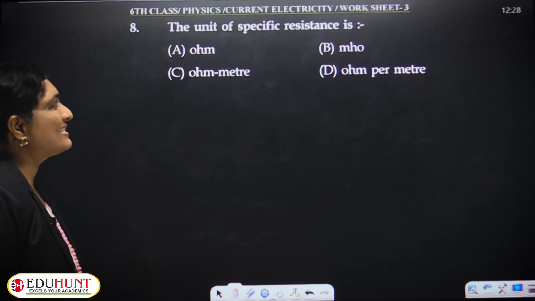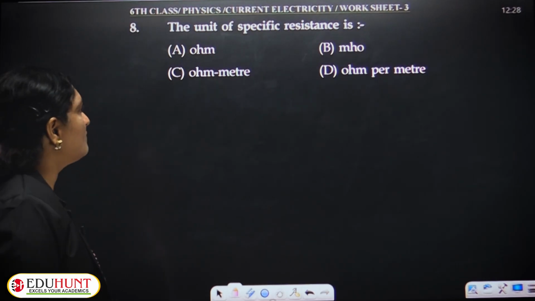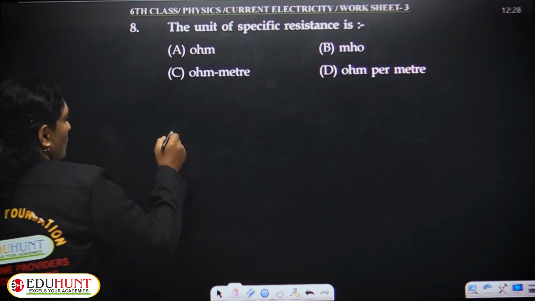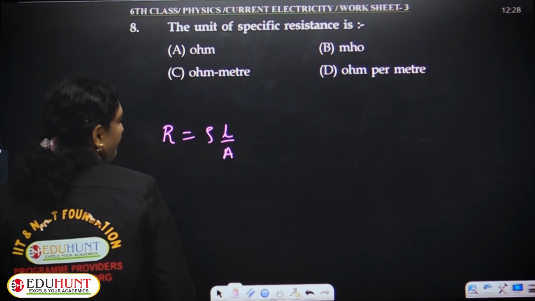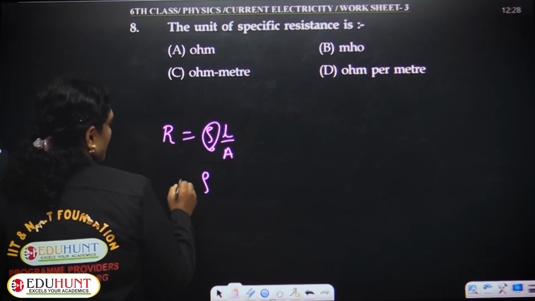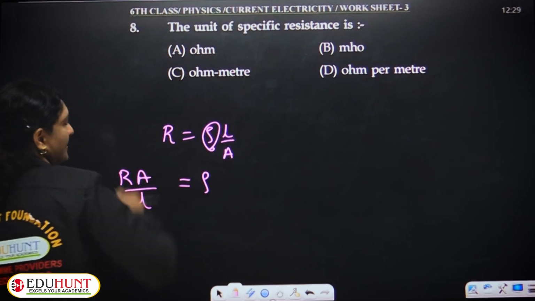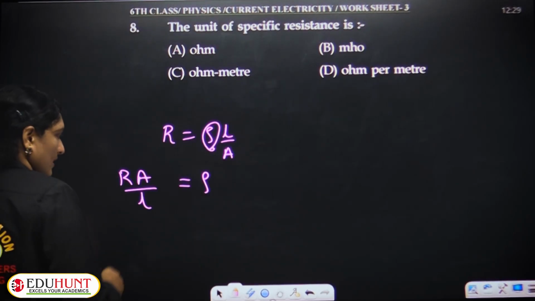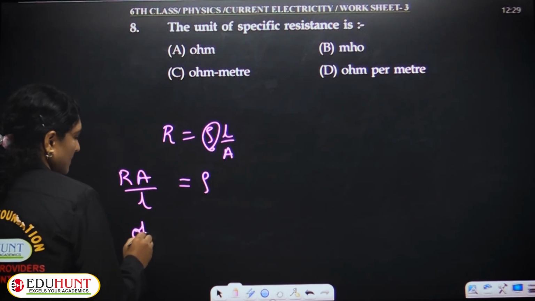The unit of specific resistance is, so what is the symbolic notation for specific resistance, children? Rho. Just now we have discussed R is equal to rho L by A. And for rho, I can write it as R times A by L. The unit of resistance R is ohm.